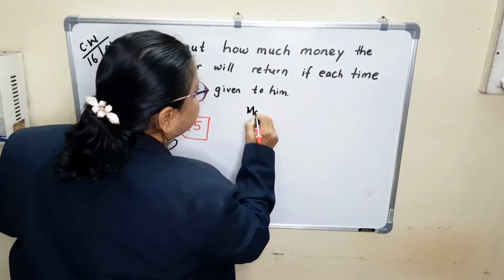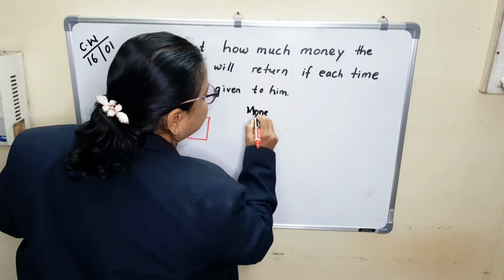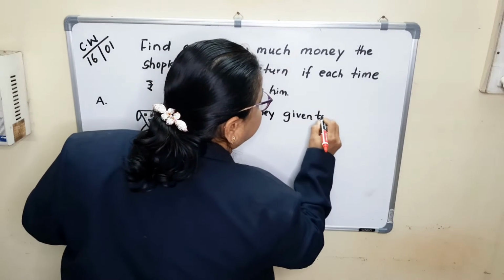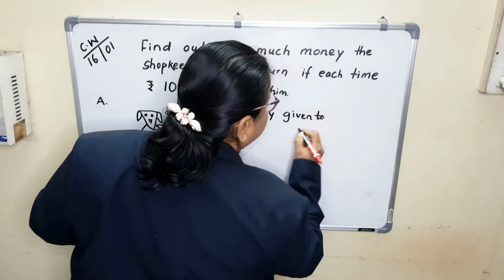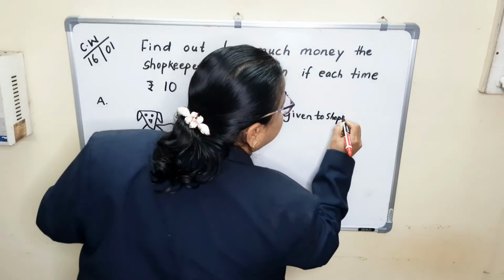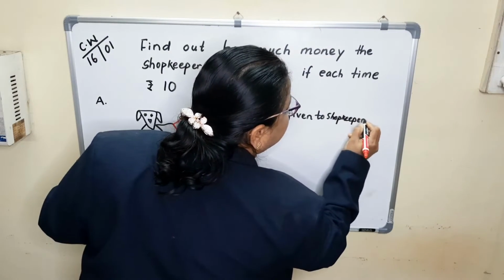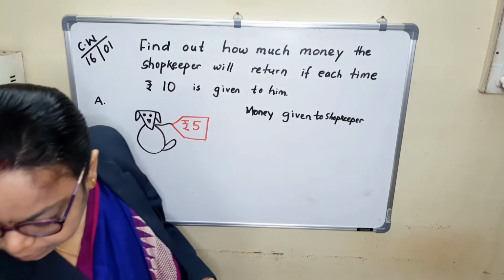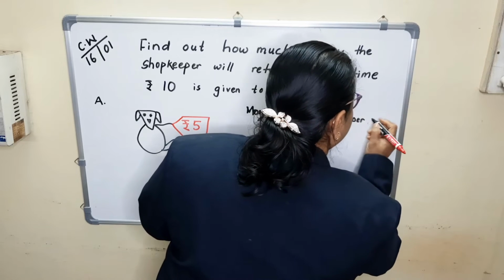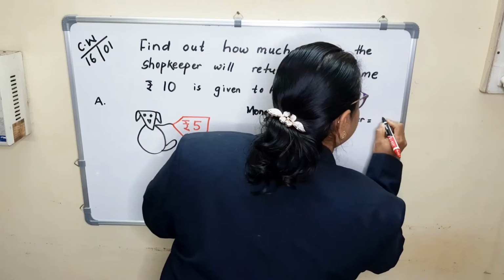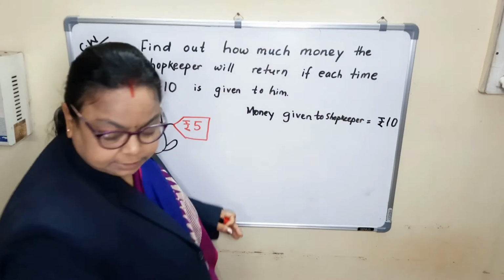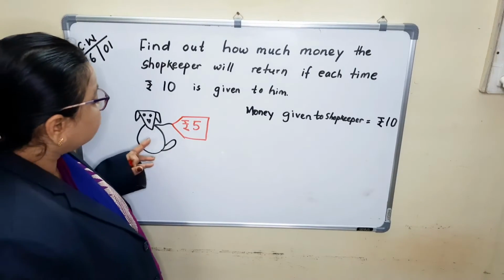Money given to shopkeeper is equal to 10 rupees, and the cost of the dog is 5 rupees.